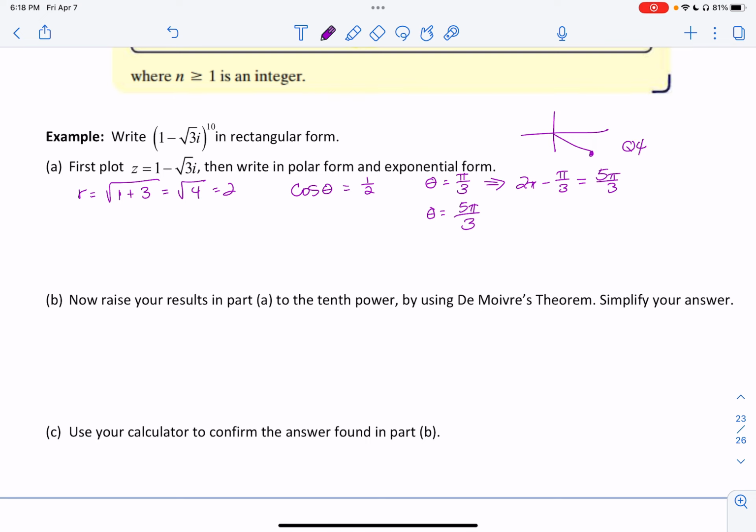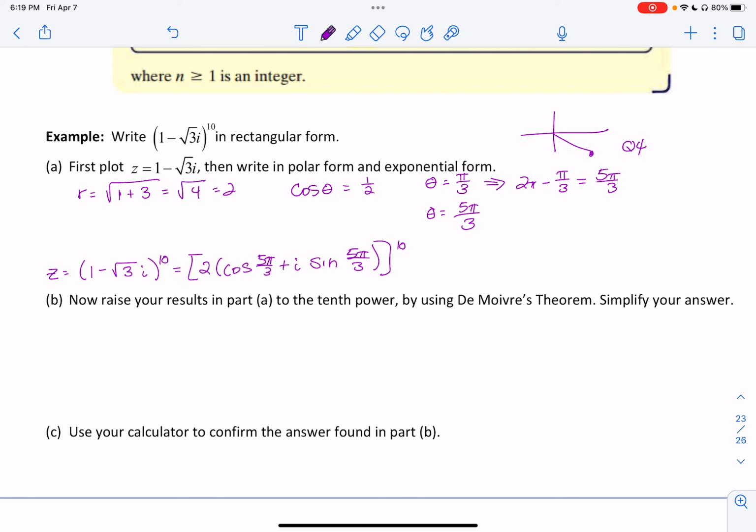All right, so I know then that if I write this in polar form and then exponential form, I have z equal to (1 minus the square root of 3i) to the 10th is equal to, we're going to put big parentheses here, 2 times (cosine of 5π over 3 plus i times sine of 5π over 3), all to the 10th power.